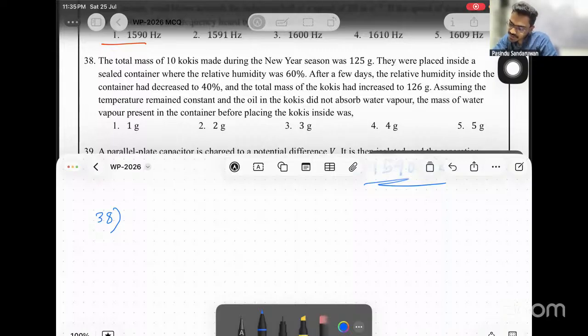Assuming the temperature remained constant, saturated values are constant, and oil in the cookies did not absorb water vapor, the mass of water vapor present in the container before placing the cookies inside was.